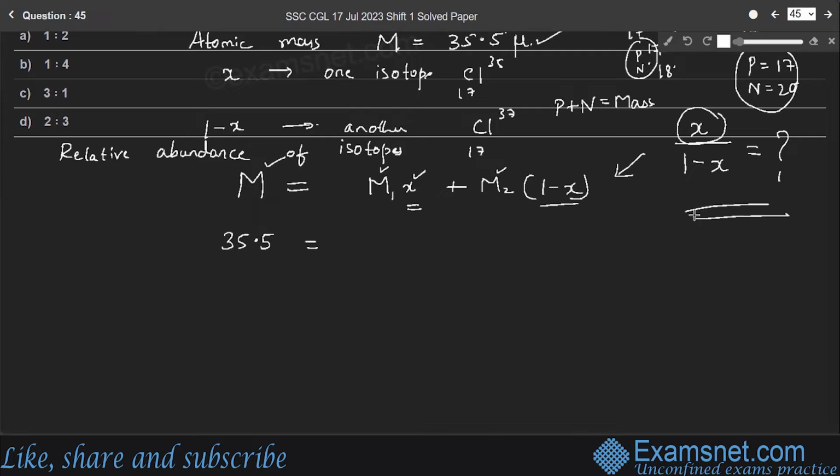mu is equal to M1. So the first isotope has mass 35 into X plus M2, which is 37, the atomic mass of the second isotope, into 1 minus X. Simplified, 35.5 is equal to 35X plus 37 minus 37x, right?